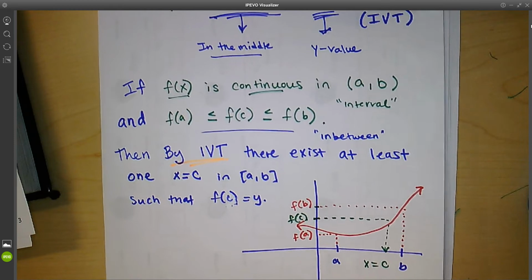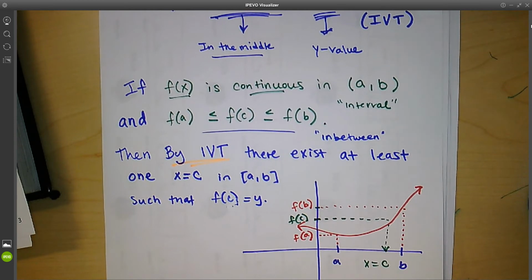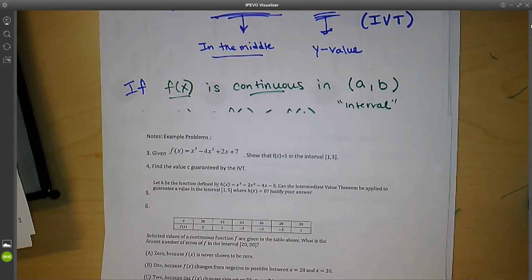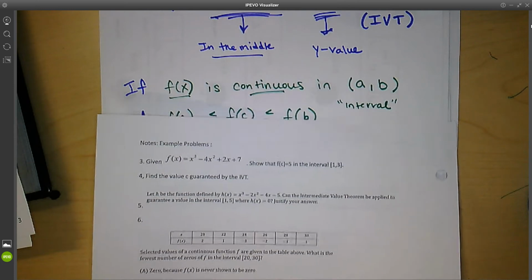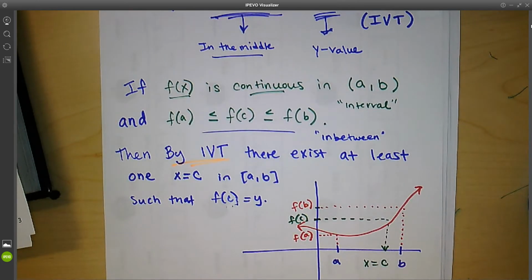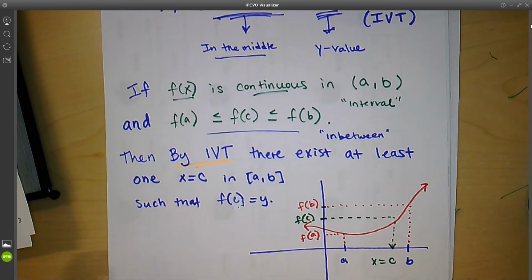So let's see how it works with an example. This is example 3 in the back of your worksheet. I wrote it out so you have it on paper. Let's do number 3.